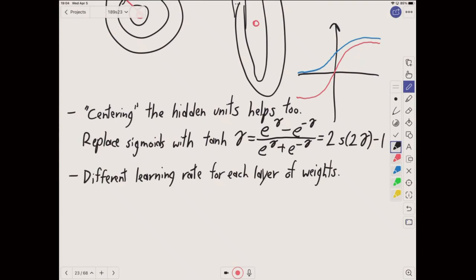Like the partial derivative with respect to any particular weight gets smaller. And so that means that often early layers learn more slowly than layers near the output, because when you do the partial derivatives, the gradients are smaller. So one thing you can do is try to make up for that with a larger learning rate.